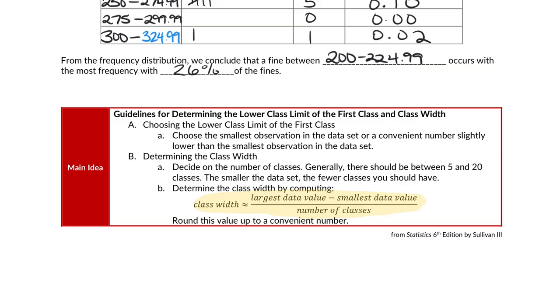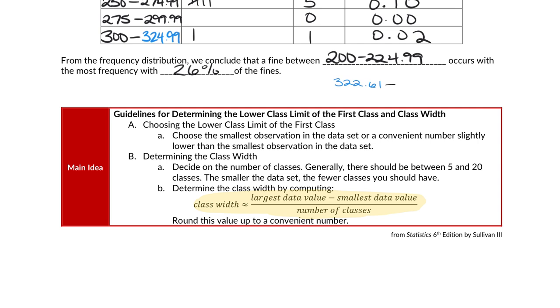Let's say you were not given the class width for the problem that we just did, but we did find the largest data value and the smallest data value. From our actual raw data, the largest number we had was 322.61.